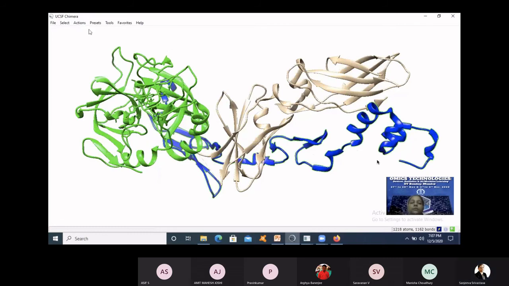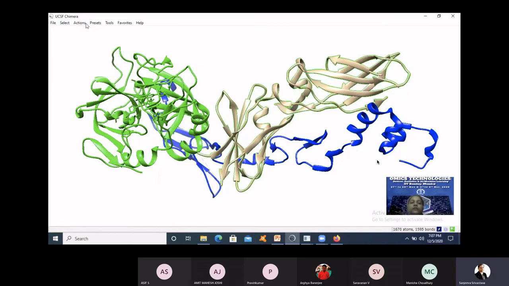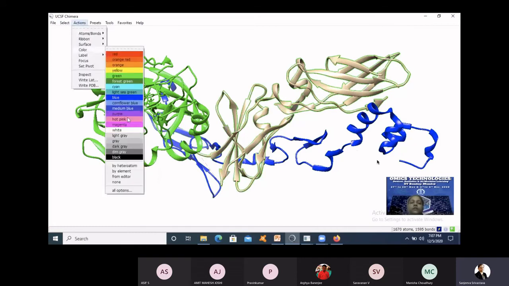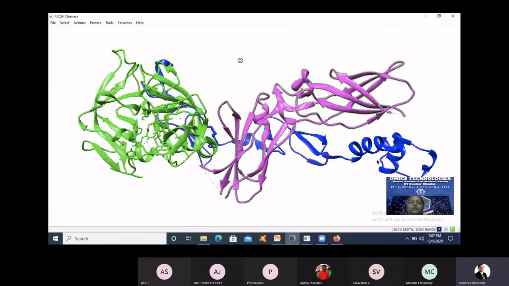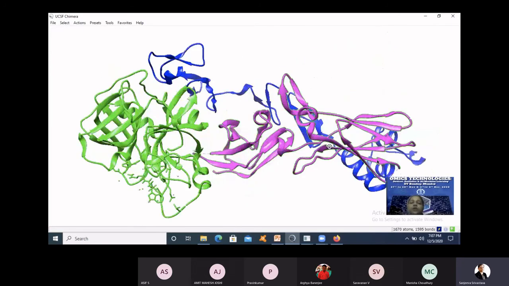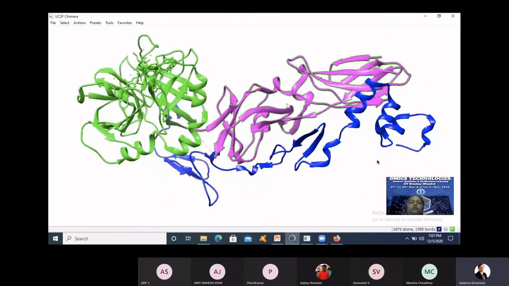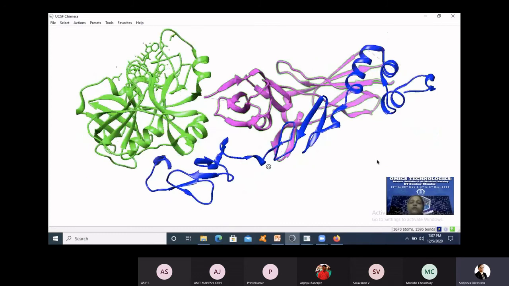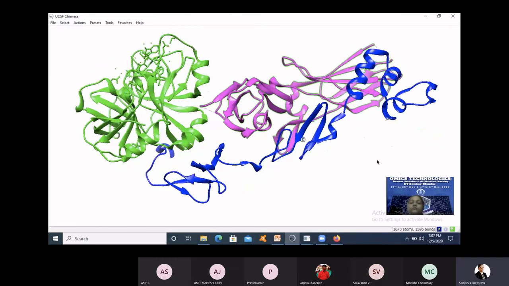Then I went to the tissue factor and made it magenta. Now you can see that the chains are different in color. We have only two proteins here. The heavy and light chain belong to factor 7a, and the tissue factor is bound to it.